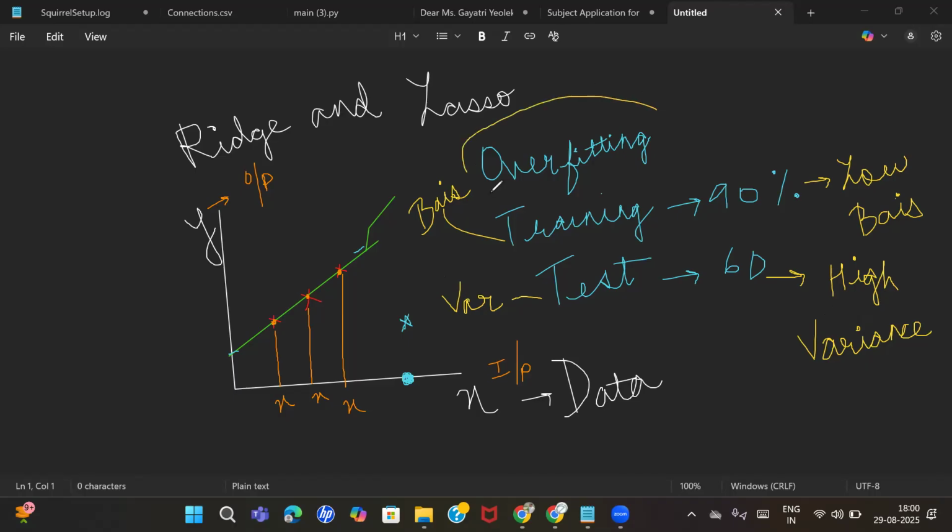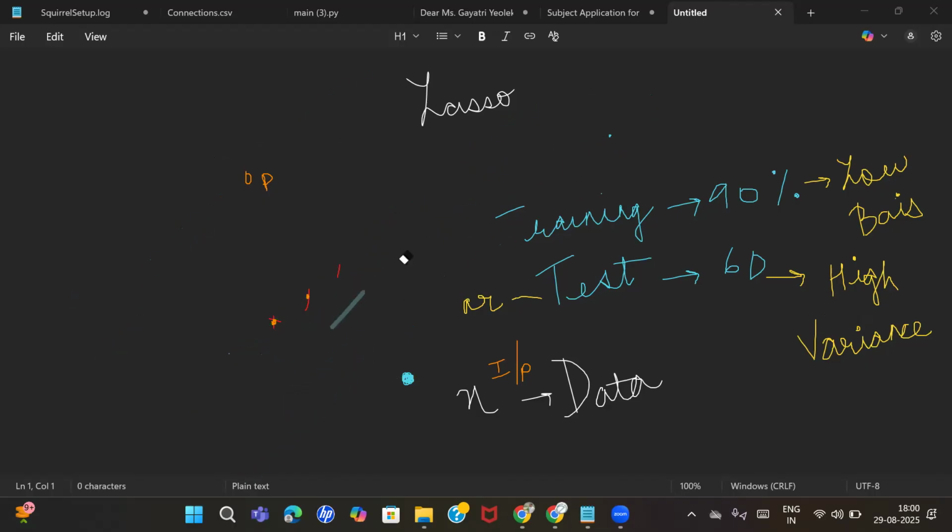First, we have discussed overfitting, and next we will discuss underfitting.